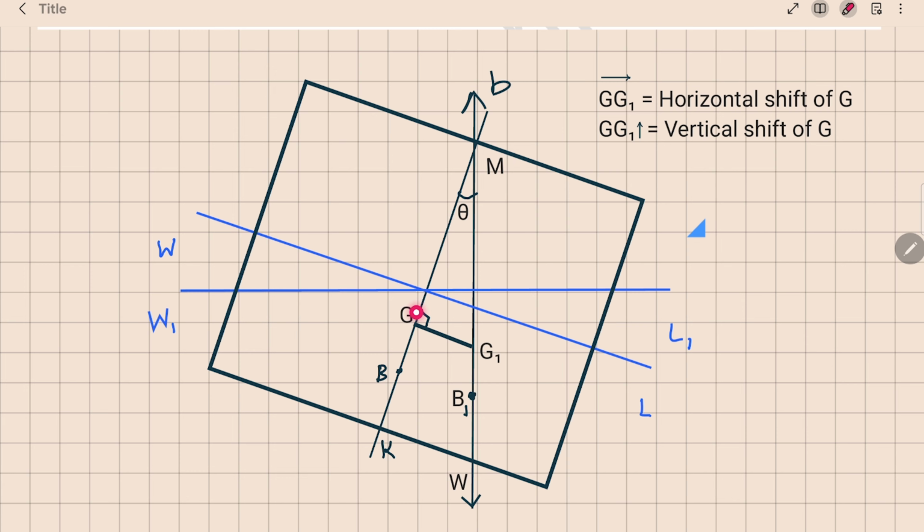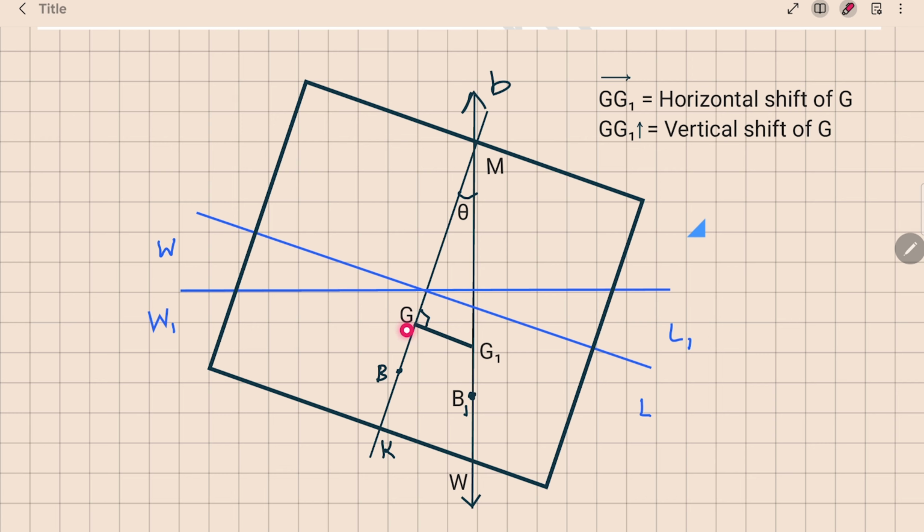So in this case, we can safely apply this formula: GG1 upon GM is tan theta. Theta is angle of list. This triangle is right angle at G. So GG1 divided by GM, where GG1 is the horizontal shift of center of gravity, and GM is the final GM fluid in the question.